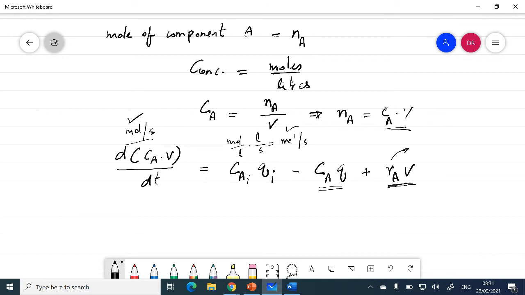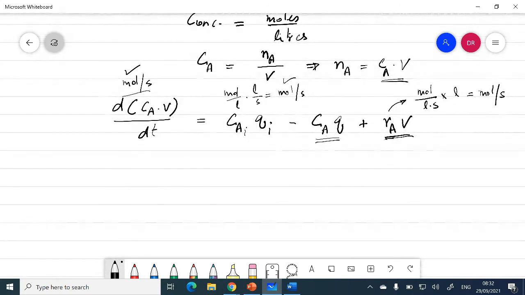Here Ra, the rate of reaction, has unit mole per liter per second, and then volume is liter. So here we get the unit of mole per second. So we have the same, consistent unit for all of these terms. Now we can proceed.